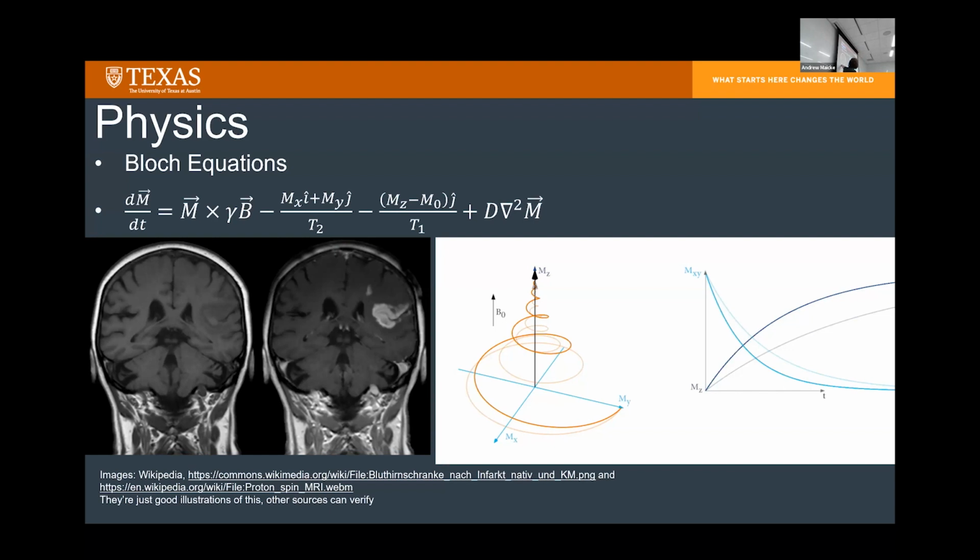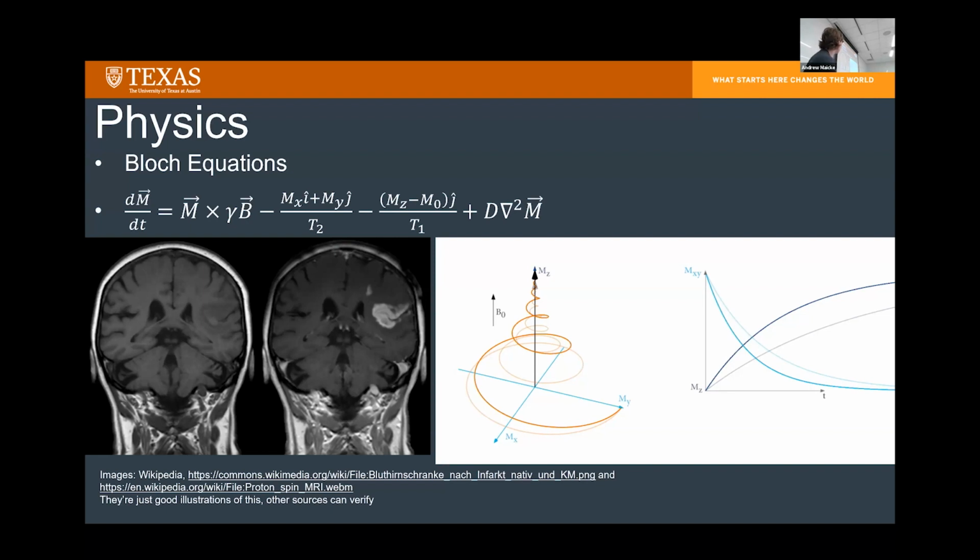Here is a picture of someone's brain where they have injected into their bloodstream a T1 based contrast agent, and it gathers around where there's a region of abnormal blood flow, and it shortens T1, making a really bright spot where they have a tumor. That's the basic clinical use of an MRI contrast agent.